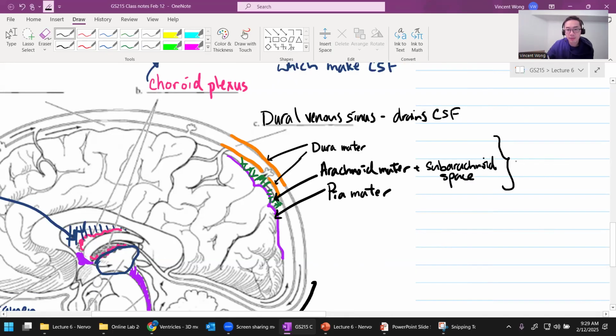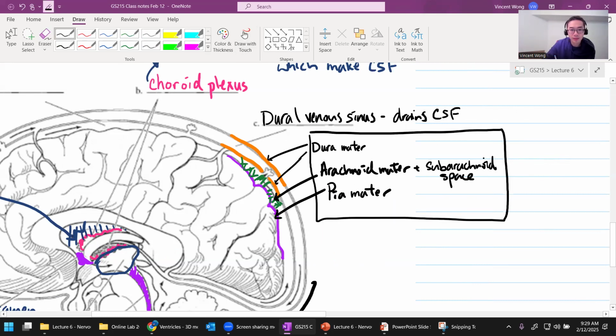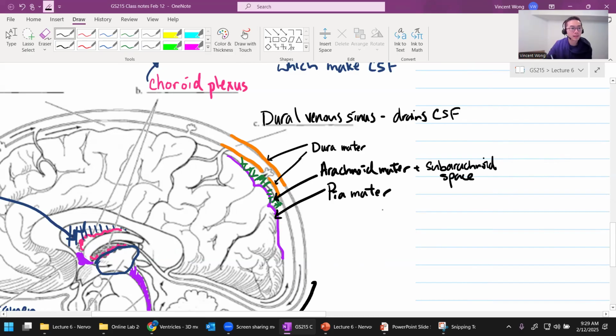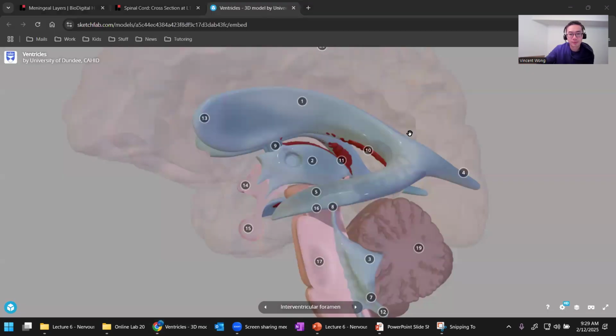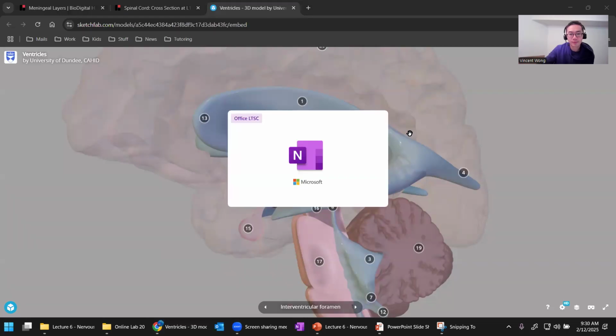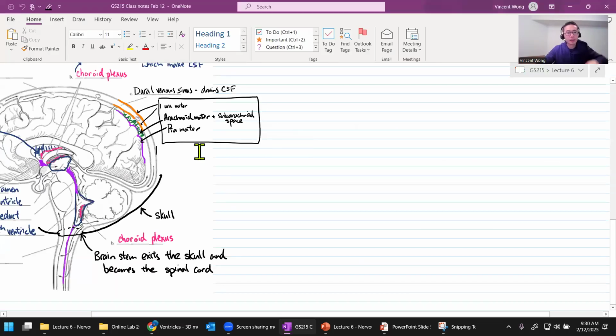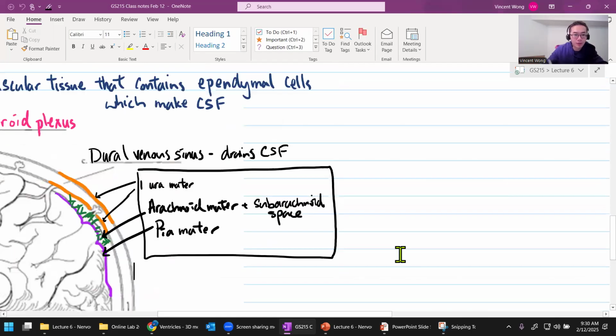And these make up the, let me try the shape again. Okay. These make up the meninges. That's right. Meninges. There we go. Meninges.